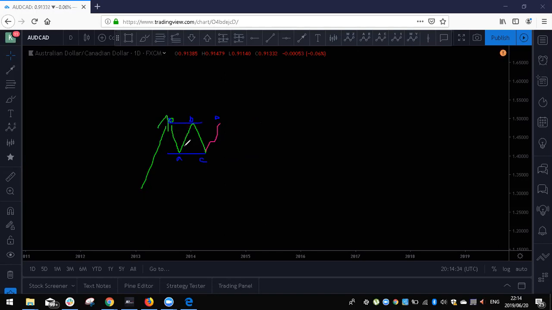You had your flat correction, and after a flat correction you get a zigzag like this. After the zigzag, price still doesn't move, and then it starts to form a triangle like this.